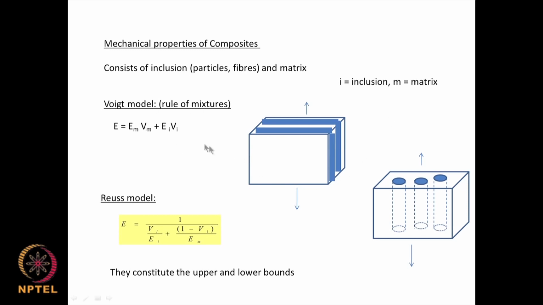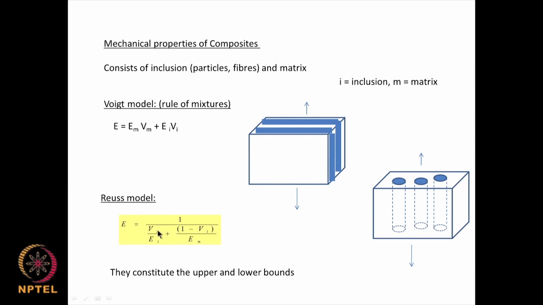It is applicable when the load is like this, it is parallel. Whereas, if the inclusion material is perpendicular, then we are in trouble actually, like this. If the inclusion material is perpendicular, then there is something called the Reuss model, where you say E is equal to 1 by Vi divided by EI, that is for the inclusion material, plus 1 minus Vi divided by EM, that is for the matrix material.